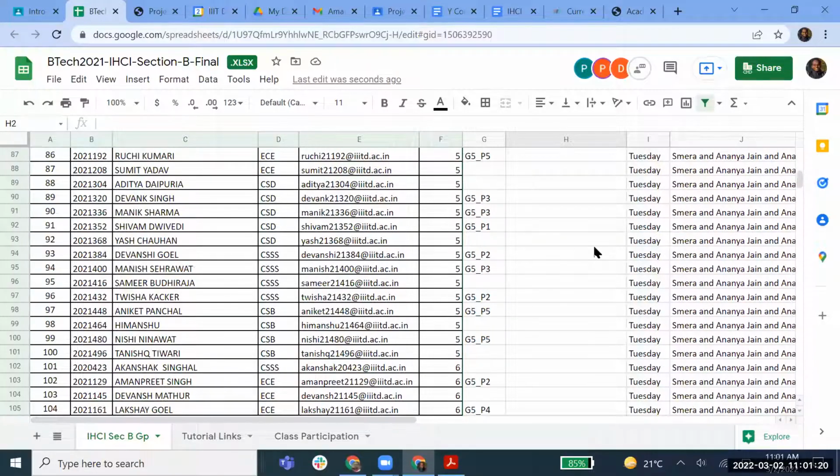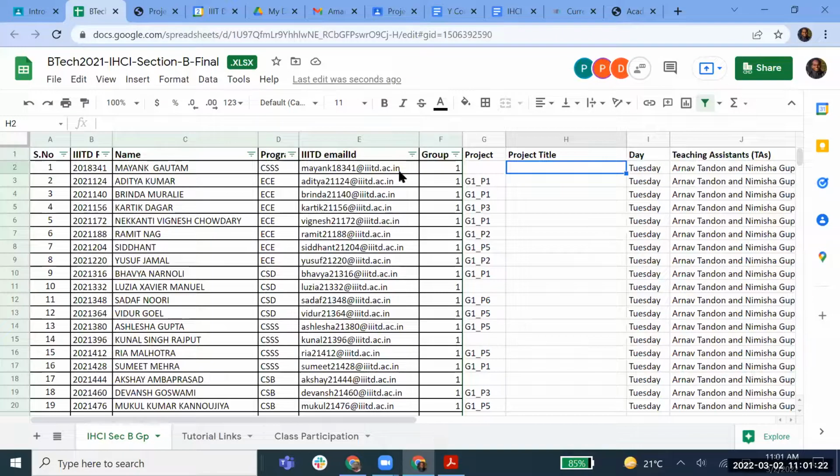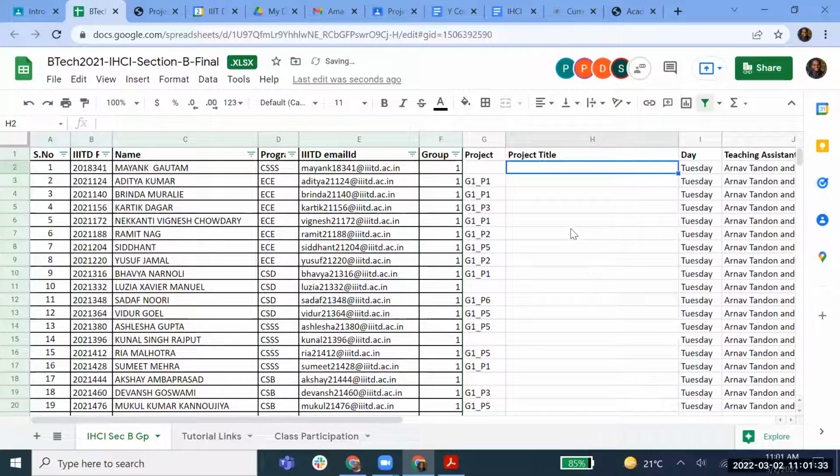If your group is finalized, or at least you know your group members, please write down the project topic you have already decided. While adding your topic, please look at what topics have already been taken by others, and try to differentiate your project from them.